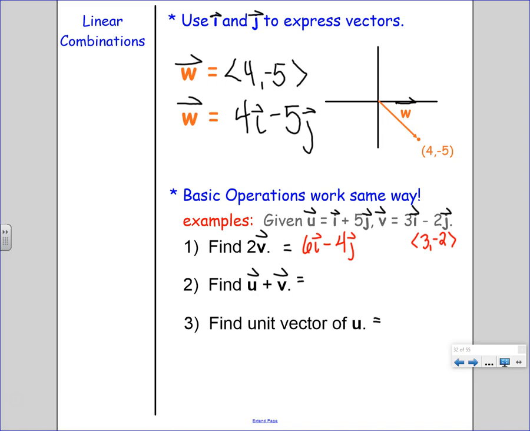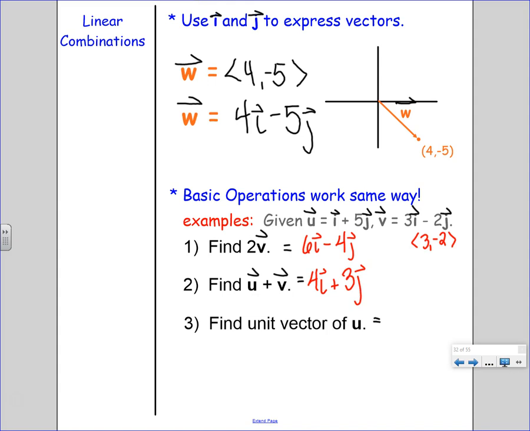What if I'm adding? Combine like terms. u plus v, wouldn't it be 1i plus 3i? Could we line them up, make them look pretty? I suppose. But just combine like terms, 1i and 3i is 4i. And then 5j minus 2j, or plus a negative 2j, will be 3j.